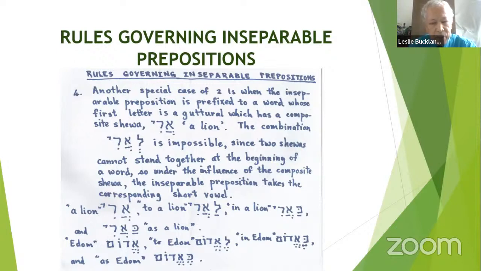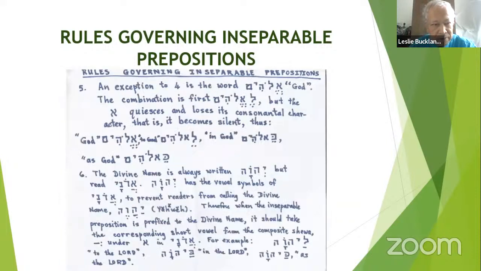The inseparable preposition takes the short vowel that is part of the composite shewa. And we looked at another exception to number four, the use of the word God: when the aleph in Elohim becomes silent and the composite shewa drops out, we have to lengthen the segol under the inseparable preposition to its corresponding long vowel tsere.